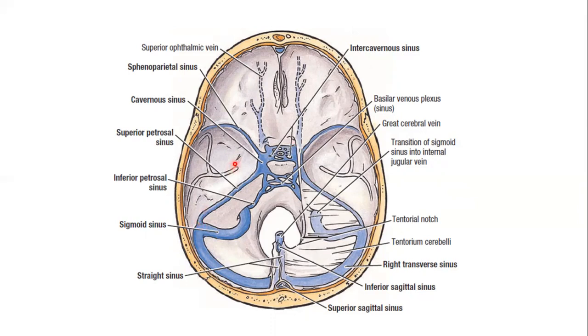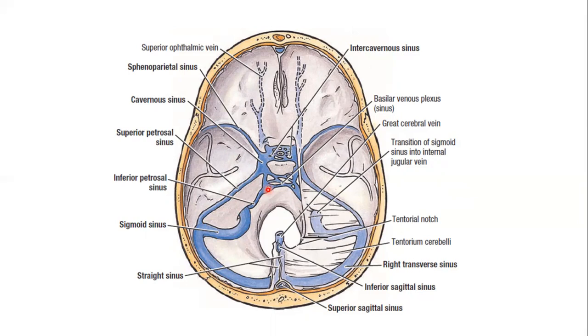So this is the superior petrosal sinus on each side, and then is our inferior petrosal sinus. This is the inferior petrosal sinus on each side, and this is again the superior petrosal sinus.